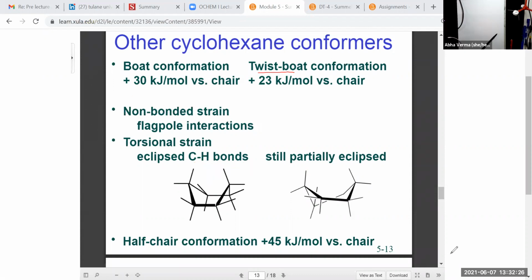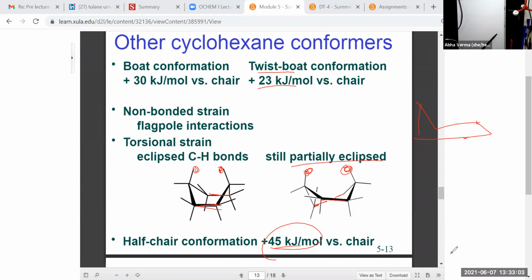The twist is a little bit more stable than the boat conformation because of the puckering that we see here. So the twist or the puckering of this flat area causes these dipoles to be partially eclipsed, not completely eclipsed, just partially eclipsed. These half chair conformations, for example, this conformation, are more energetic than the regular chair.